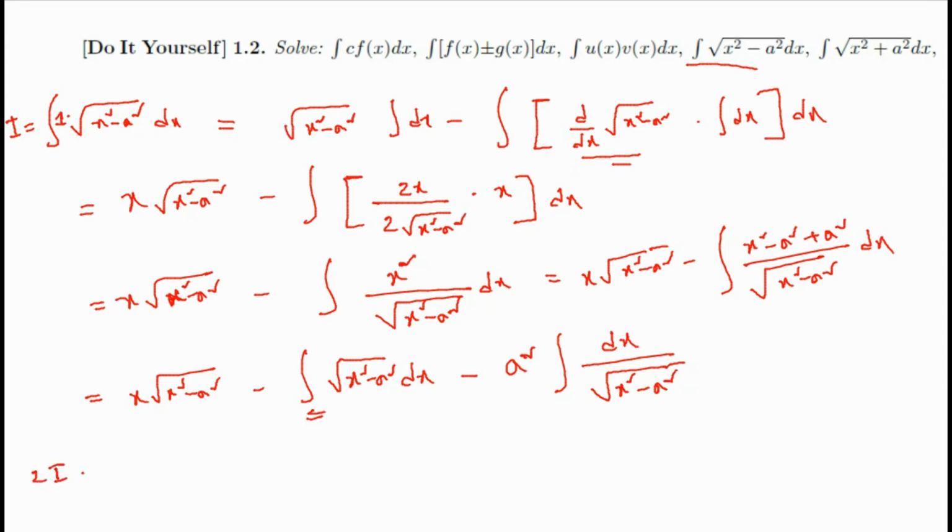So 2I equal to x root x square minus a square minus a square integration dx by root x square minus a square.